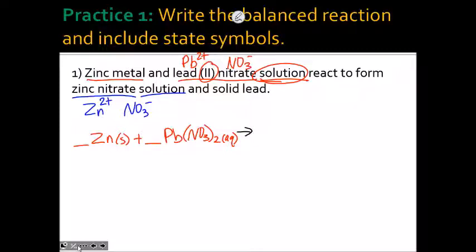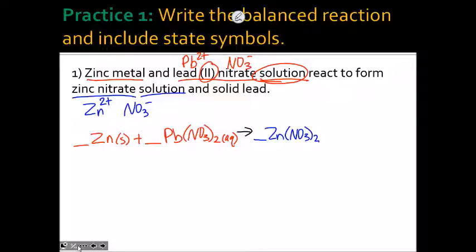So how would we write the formula there? How many zincs, how many nitrates? Zinc's +2, nitrate's -1. So we need 1 zinc and 2 nitrates. So put the parentheses, add the 2 on the outside.